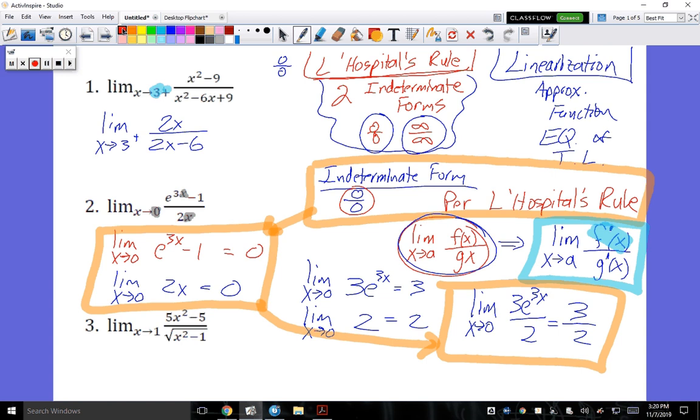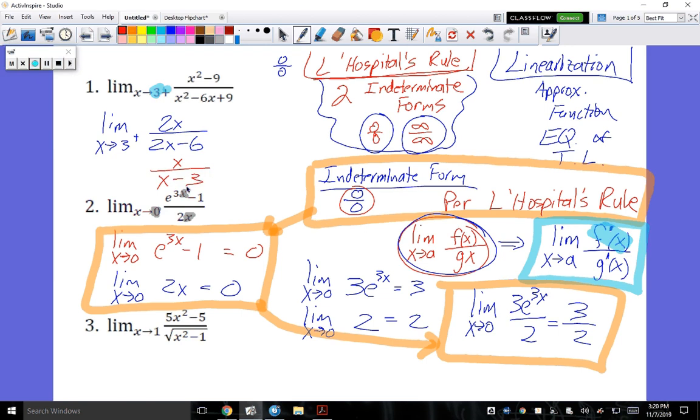You with me? What do we always do first before we plug in the limit? We always simplify before we plug in the limit, right? So what could I factor out? A 2. And it will cancel, right? So it'll be x minus 3, and it looks like that.